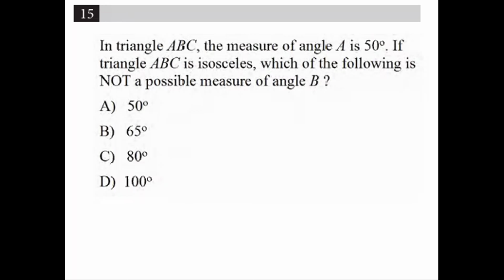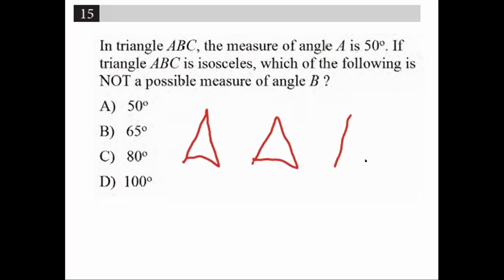Okay, so we're on question 15. We're given a triangle ABC. It's an isosceles triangle, and the measure of angle A is 50. We're asked which of the following is not a possible measure of angle B. In this case, there's a triangle ABC, so there's only three possible combinations.